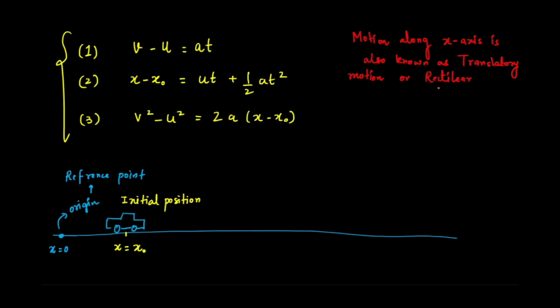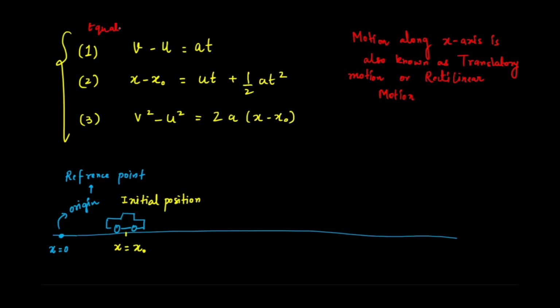So whenever a particle is moving along the x-axis, we, or the examiner, can use certain terms to represent that motion. Whatever type of motion we are talking about, the equations of motion will remain these.